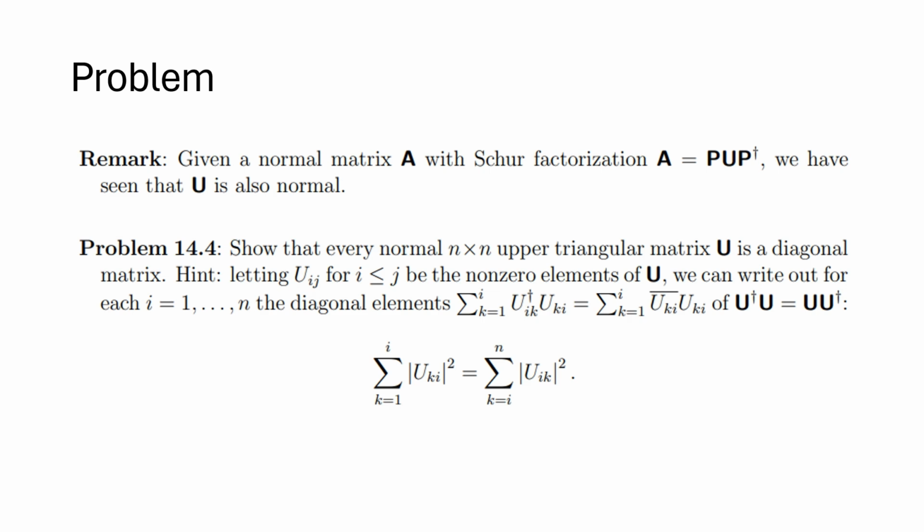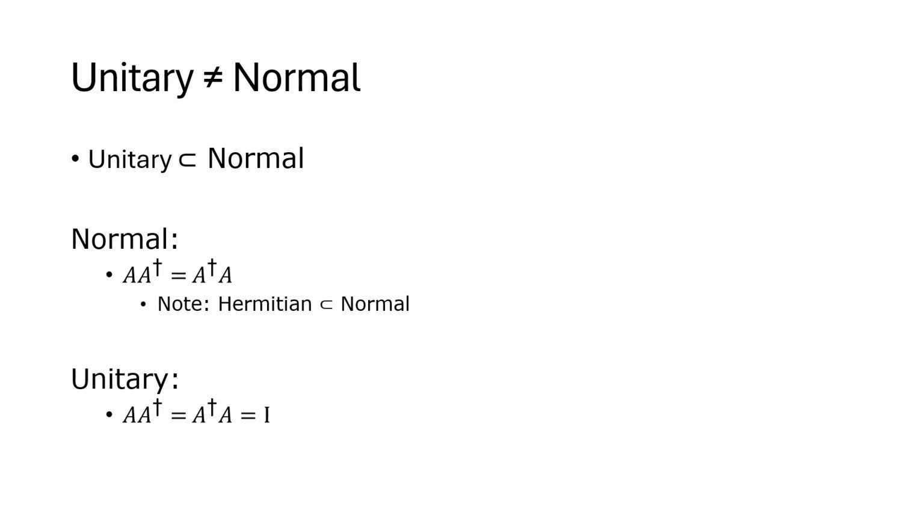All right. And so first, what I want to show you guys is a really important rule: unitary does not equal normal, right? All the unitary matrices are a subset of all the normal matrices. And so basically, we know that a normal matrix is just one where the product of, let's say, a matrix A with the Hermitian transpose of itself is commutative, all right?